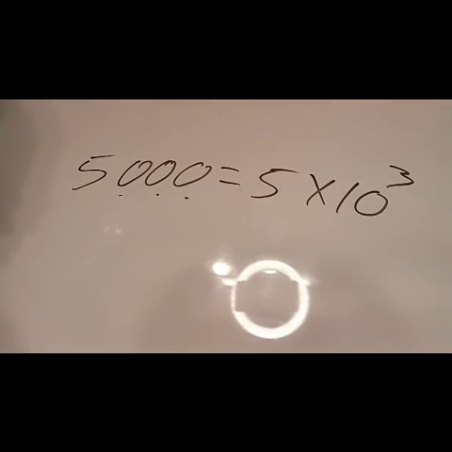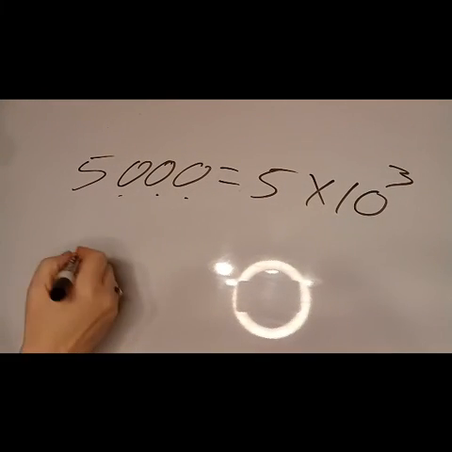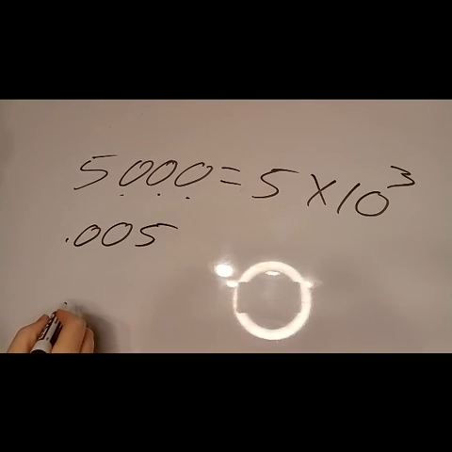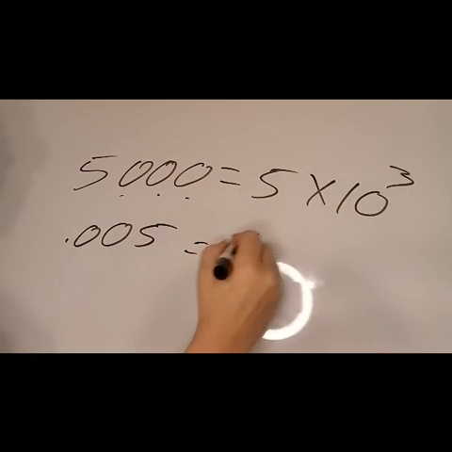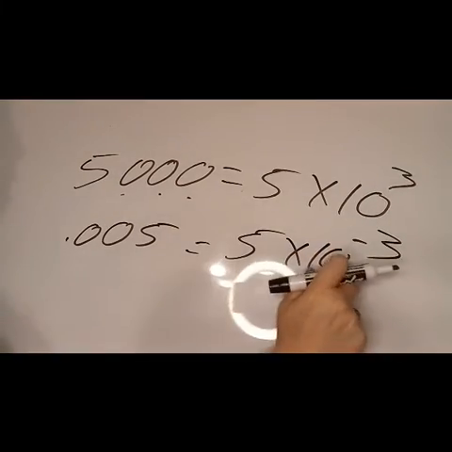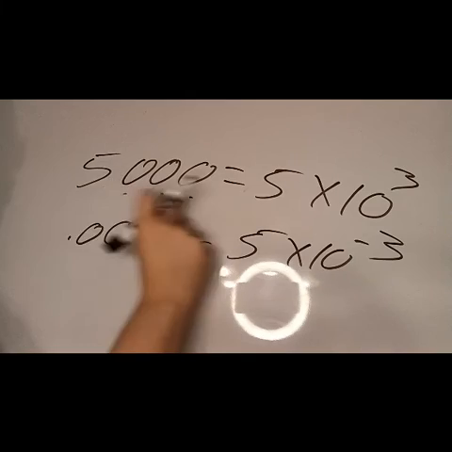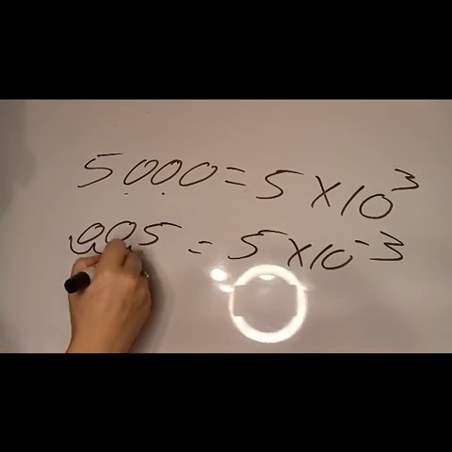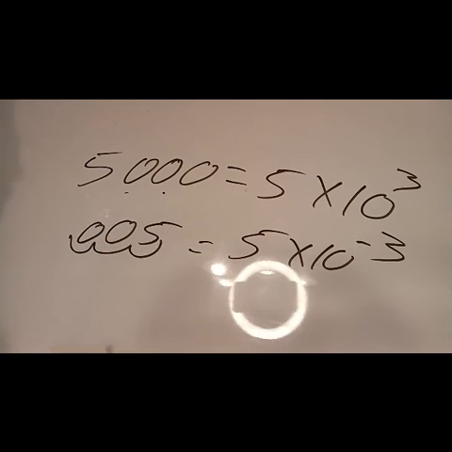We can go the other way as well. For example, 0.005 is 5 times 10 to the minus 3. That means we're dividing by 1 with 3 zeros. 1, 2, 3. That gives us the 5, okay?